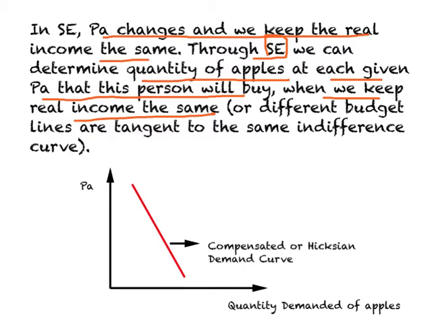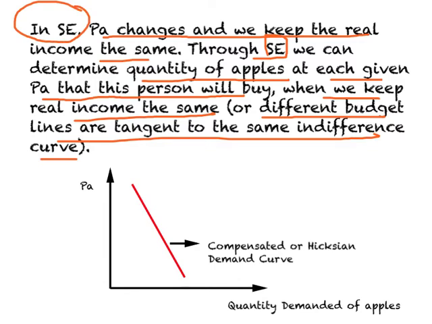And when we say we keep real income the same, we mean different budget lines are tangent to the same indifference curve. Or in other words, through substitution effect, we have information about price of apple as well as quantity demanded of apples.